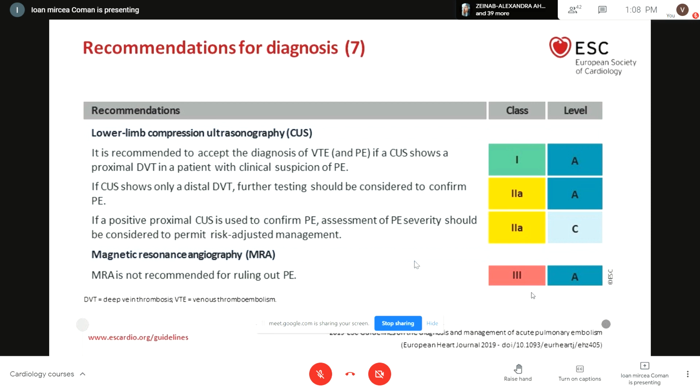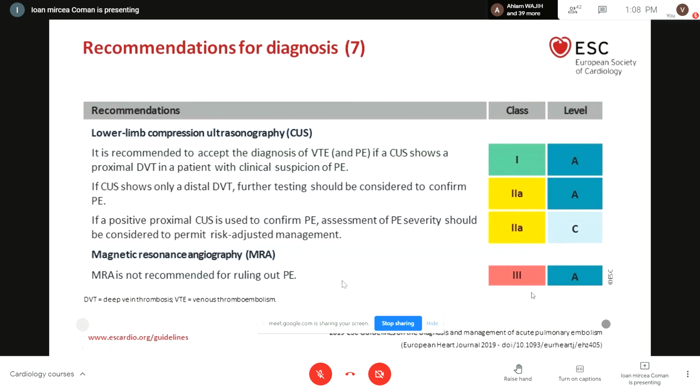So a lower limb compression ultrasonography can be useful because if it shows a proximal deep vein thrombosis in a patient with clinical suspicion, then the diagnosis is sure, and you see it's a class 1 indication for such patients.